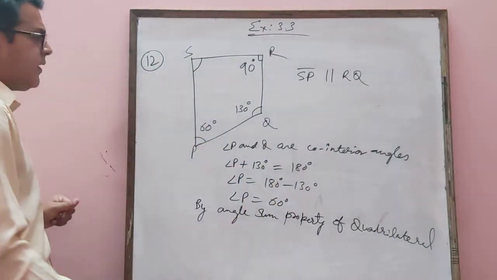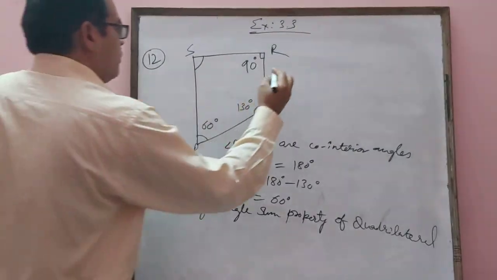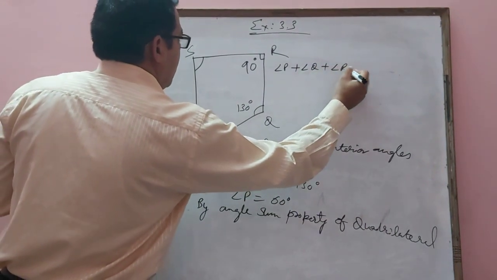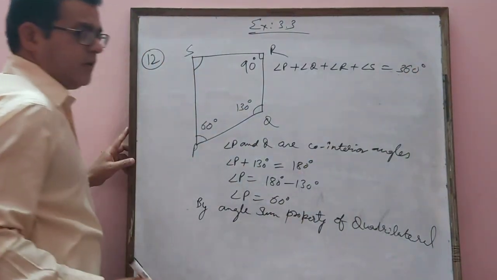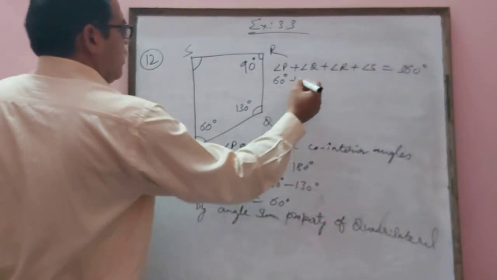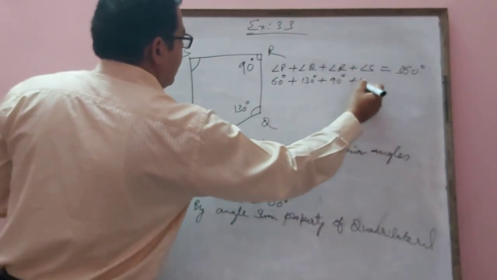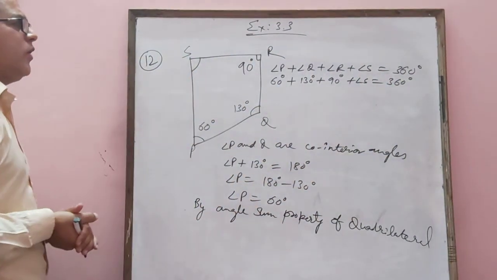We say that the sum of all angles, angle P plus angle Q plus angle R plus angle S, equals 360 degree. Right? Angle P we have already calculated. Angle Q is 130. Angle R is given 90. Angle S we have to find, and 360 is given. Now you have to add all these together.